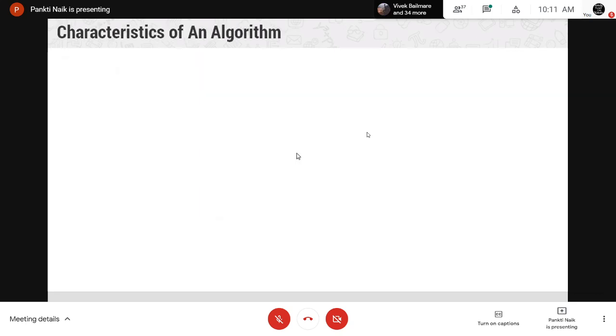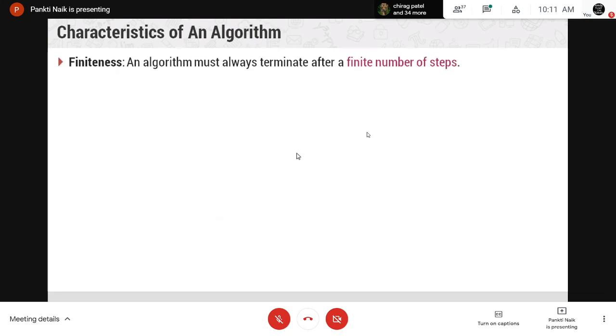Now let us see the different characteristics of an algorithm. The first characteristic of an algorithm is finiteness. An algorithm must always terminate after a finite number of steps. Whatever algorithm you design, you have to design it in such a way that after a finite number of steps, your algorithm must terminate.